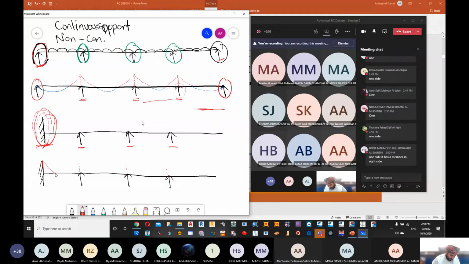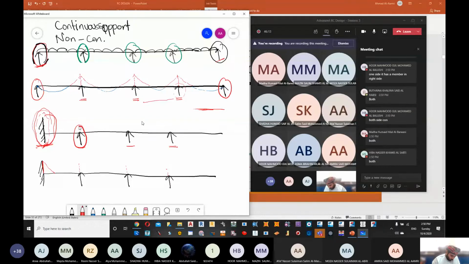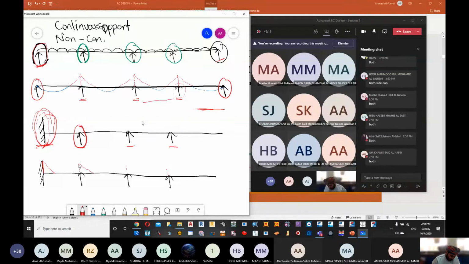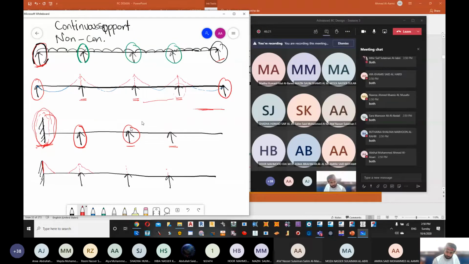What about this support now? Is it from both sides or one side? Both sides. So I'll just draw a small cantilever here, a small cantilever here. This one, both sides or one side? Both sides. So once again, a small one.